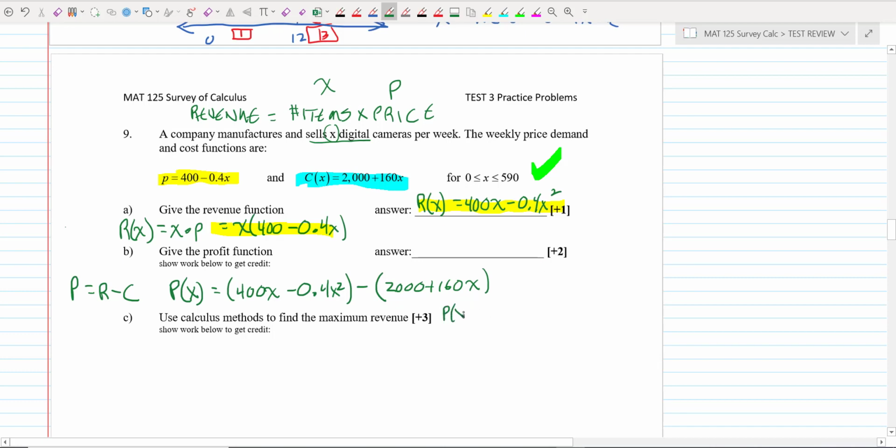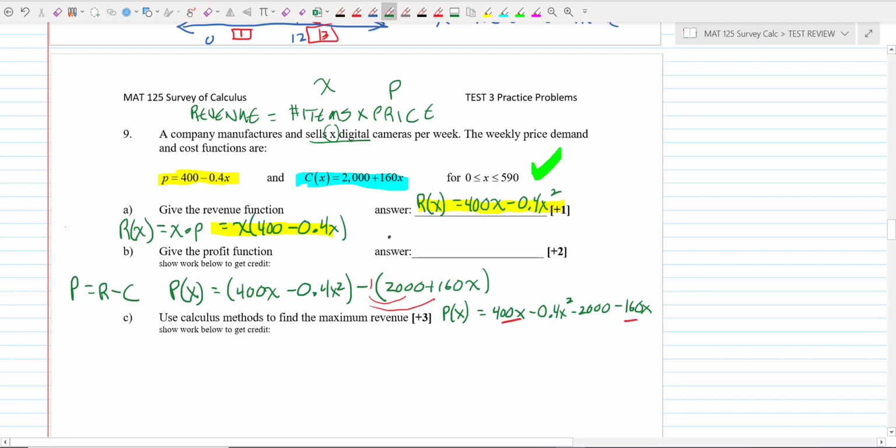So we're going to have P of x is equal to 400x minus 0.4x squared minus 2,000 and minus 160x. I see students make this common mistake all the time on this. That's like a negative 1 multiplying by those, so it's changing those signs. So now it looks like we've got two like terms.